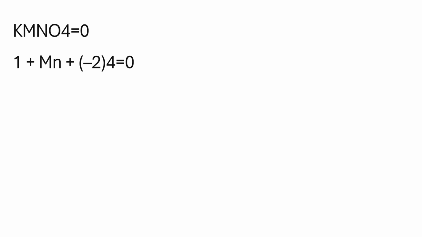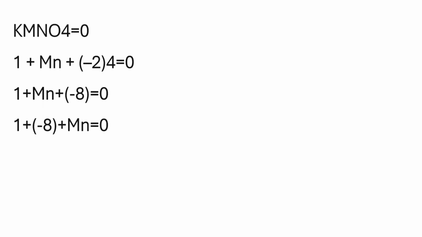So here we have it that potassium, which is +1, will be added to manganese, which we are looking for, plus oxygen, which is -2, but there are 4 atoms of oxygen there. So altogether, we're going to have -2 multiplied by 4, which will give us -8.